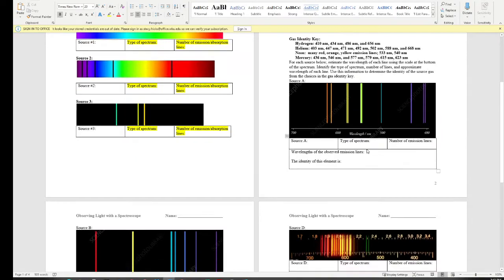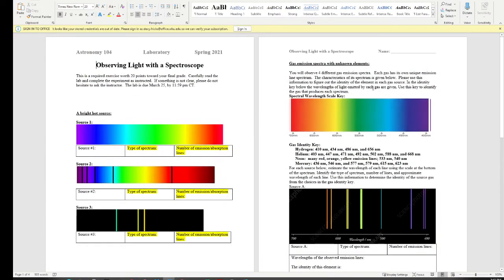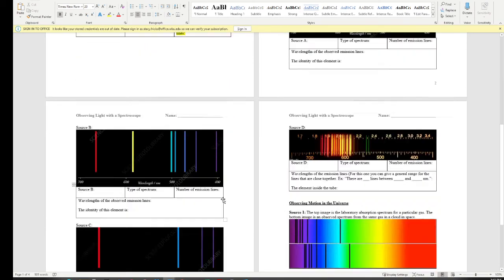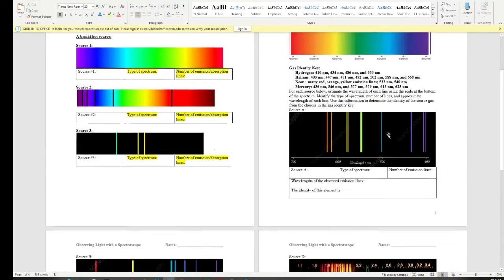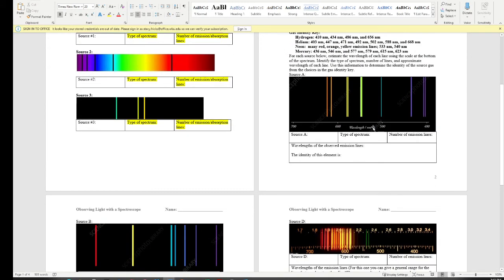The second part encompasses most of the lab. So in this one, you're going to look at 4 different sources, and you're going to evaluate this spectrum based on a couple of things, right?